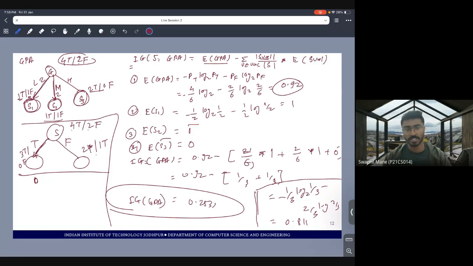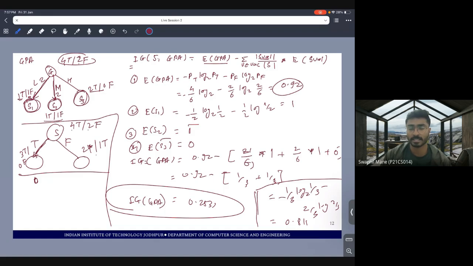So this is the last question. What we did in the last question was to find which attribute is giving higher information gain. That means which attribute we need to consider as the root node, or as the first split. So for finding the hierarchy of the attributes, we need to find the information gain of each attribute. How are we calculating the information gain?